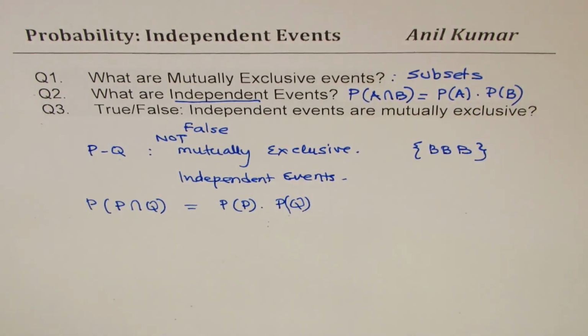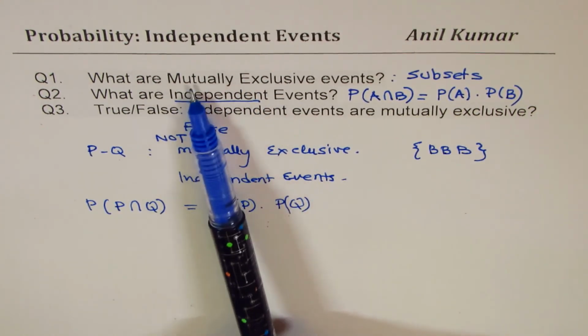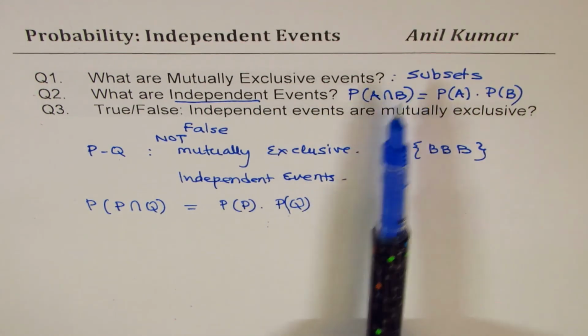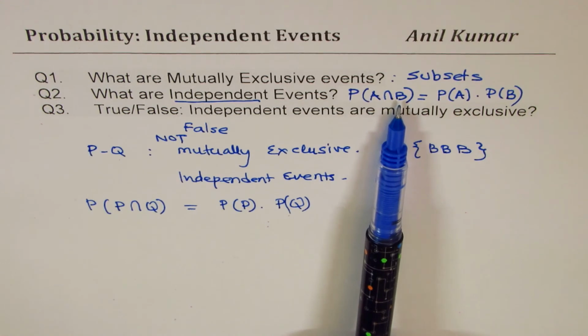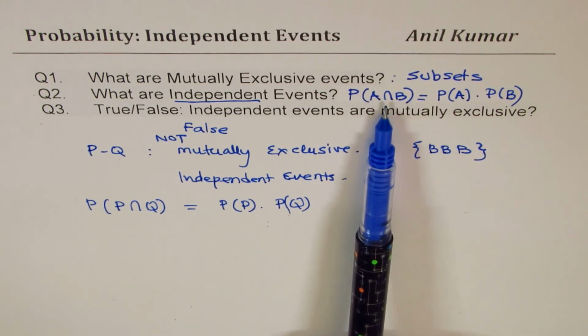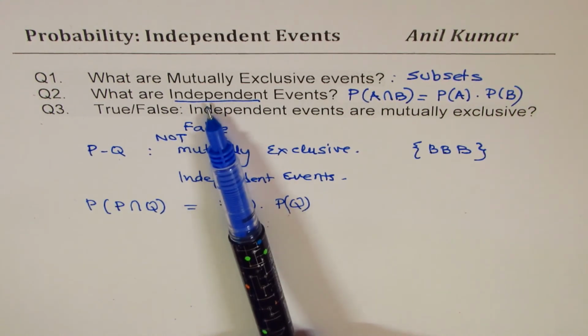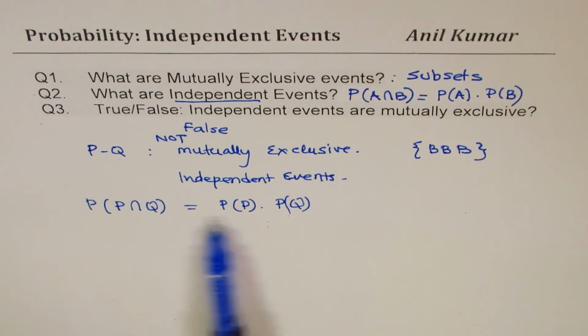So I hope we can summarize now and understand that there is no point comparing mutually exclusive and independent events, since when we talk about mutually exclusive events, we are talking about subsets, and when we talk about independent events, we are talking about probability, right? The best way to find whether the given set of events is independent or not is to look for this product.